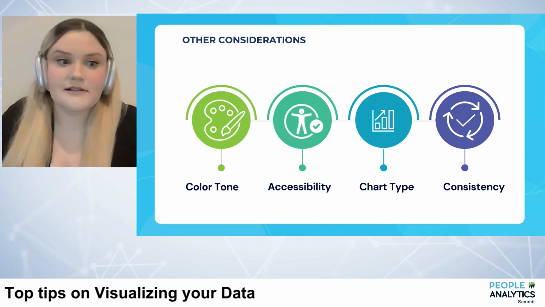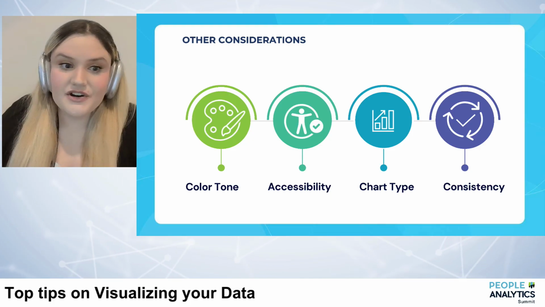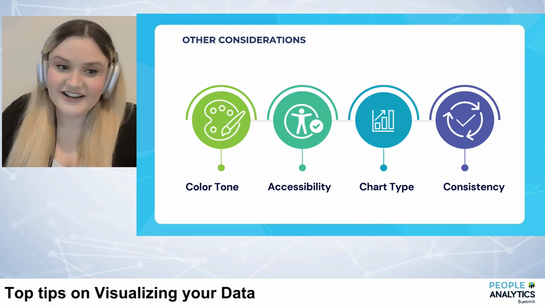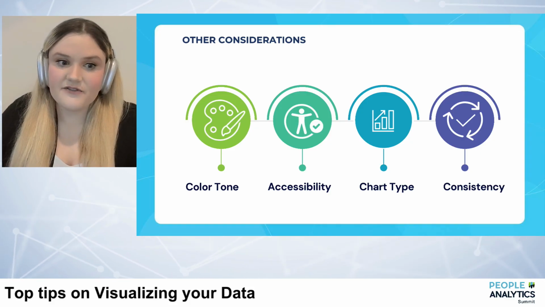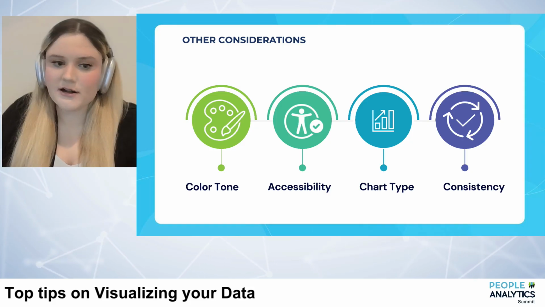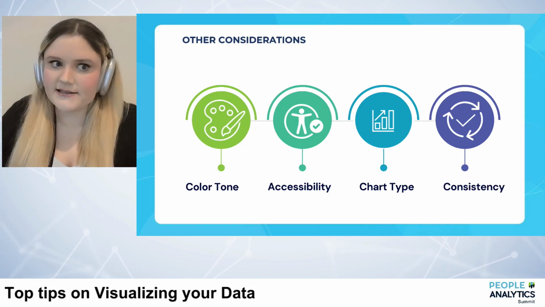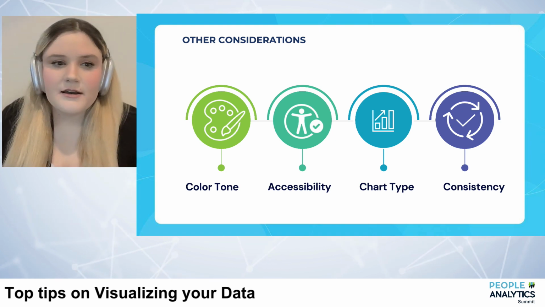That signals alarm to our brain. I'm sure in your data you're not usually trying to signal alarm, so steer clear of red. One exception being for gains or losses, the typical red-green scale sits there, but use it sparingly.